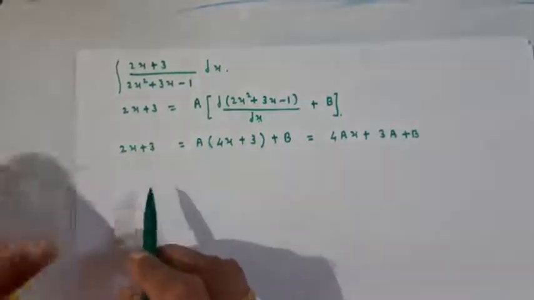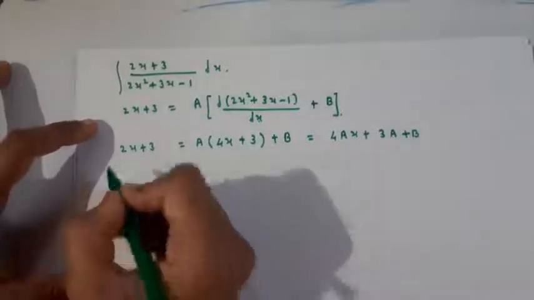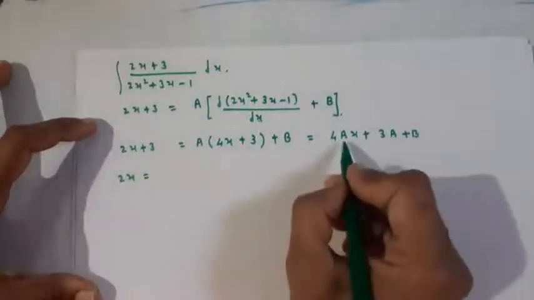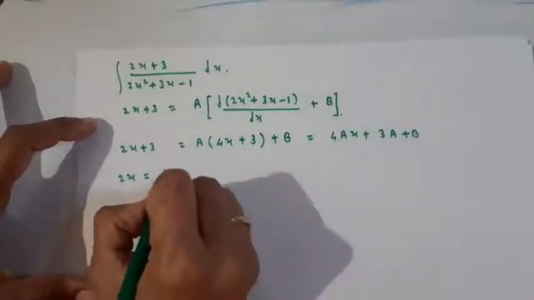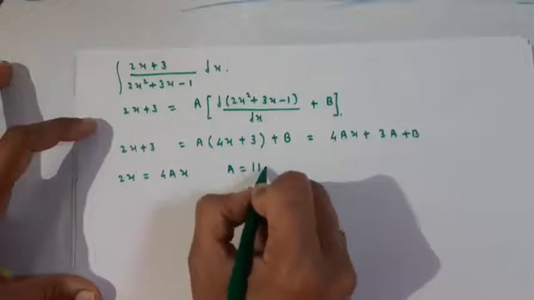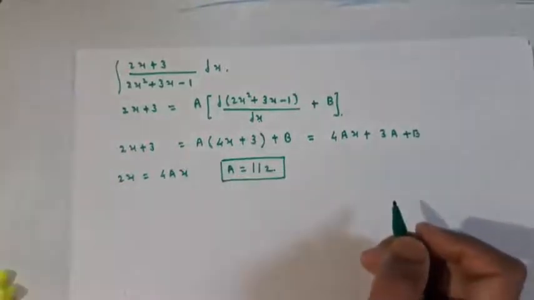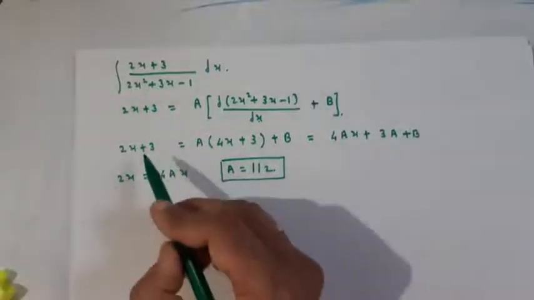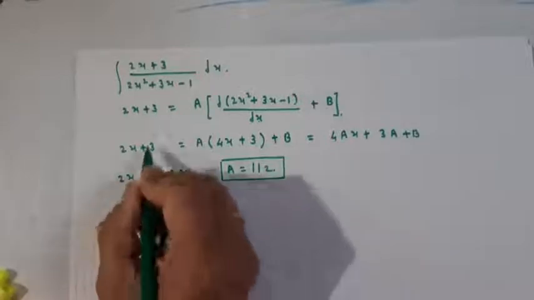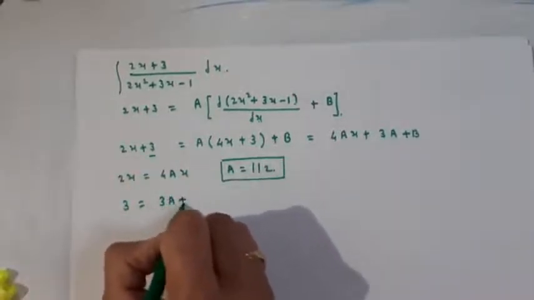Now compare the coefficient of same power of x, that is compare the coefficient of x, that is 2x, and here the coefficient of x is only 4ax, and that's why value of a is 1 by 2. Okay students, now the constant term is 3 at the LHS, and here the constant term is 3a plus b.